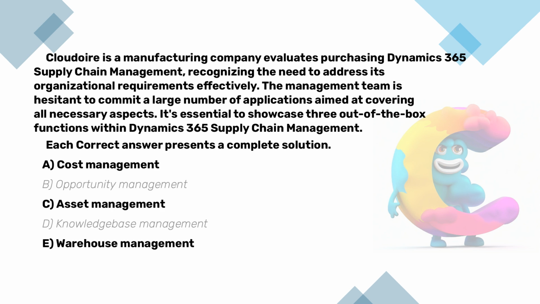Asset management manages company assets such as physical equipment, software licenses, and technology subscriptions. It ensures that company resources are properly tracked, classified, and utilized to achieve organizational goals. And warehouse management is fully integrated with other business processes. These three functions provide a strong foundation for managing the supply chain effectively by addressing cost optimization.